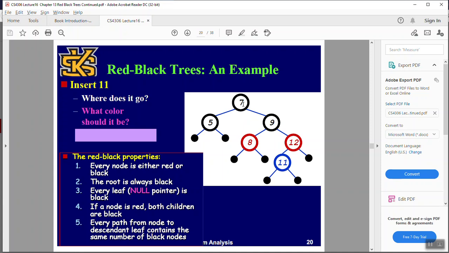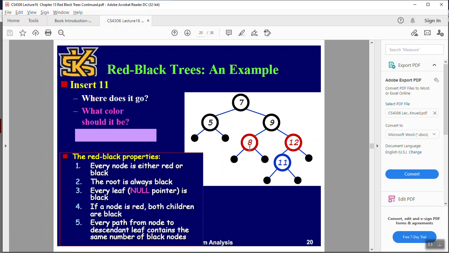Since 11 is greater than 7, it goes right. Checking with 9, 11 is greater than 9, so it goes right. Then 11 is less than 12, so it goes left. In a BST we cannot insert duplicate elements, so I cannot insert 12, 9, or 8 again.